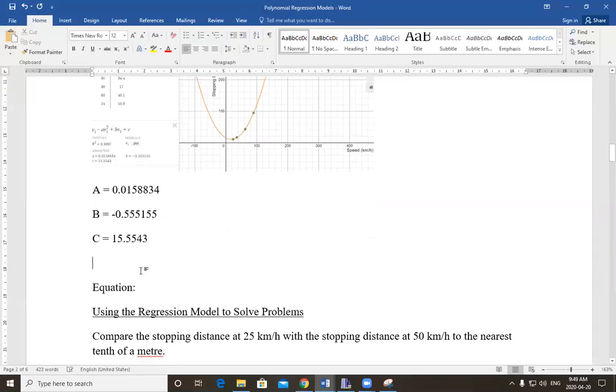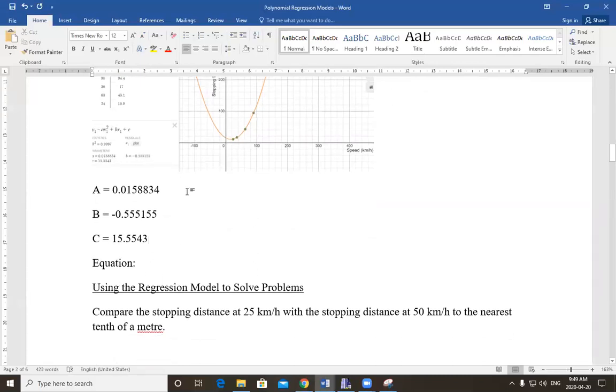Okay, so our regression model was y1 tilde ax1 squared plus bx1 plus c.